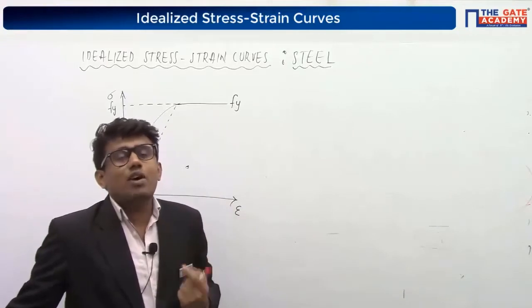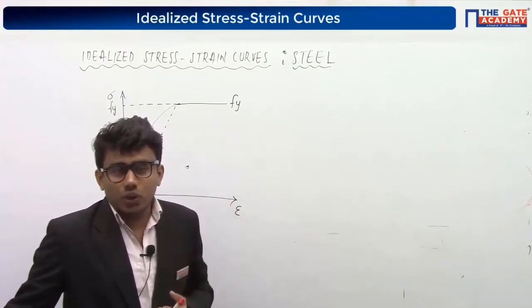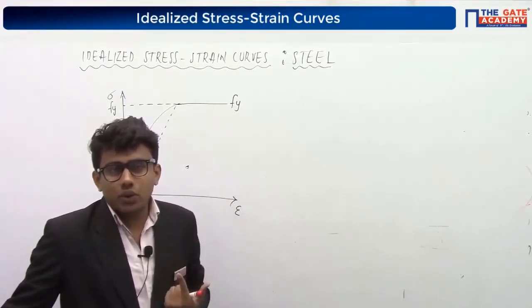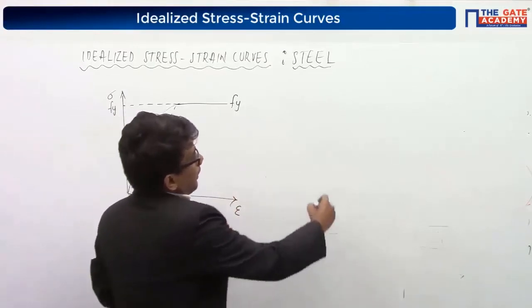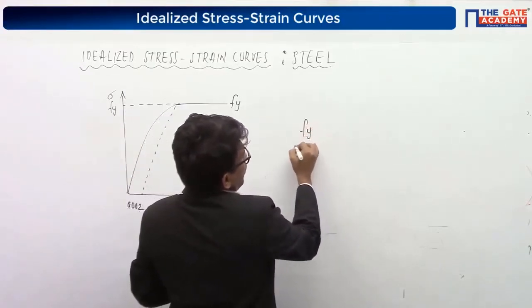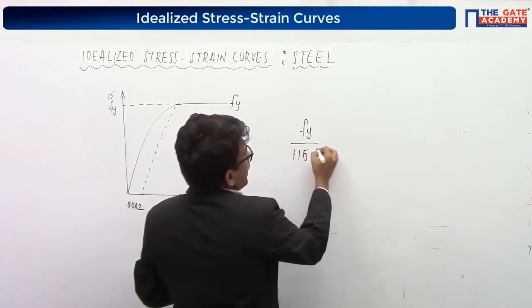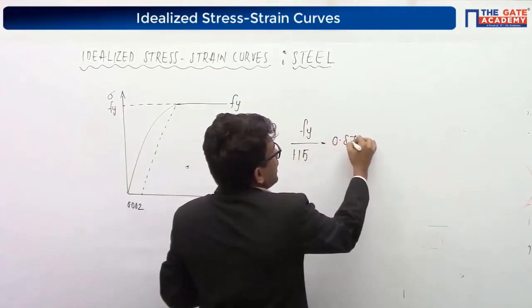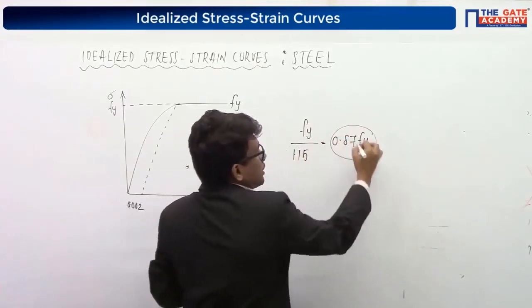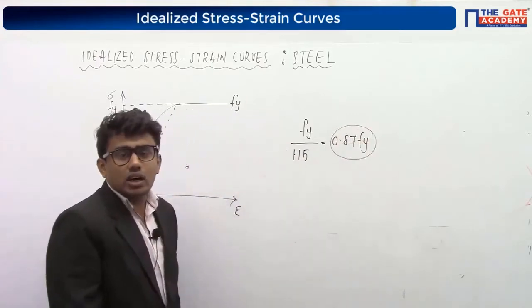But for the design we have to apply the partial safety factor for material, the partial safety factor for steel. So this is Fy. If I apply the partial safety factor for steel, that is Fy divided by 1.15, we will get 0.87 Fy, which is known as the design strength of the steel.